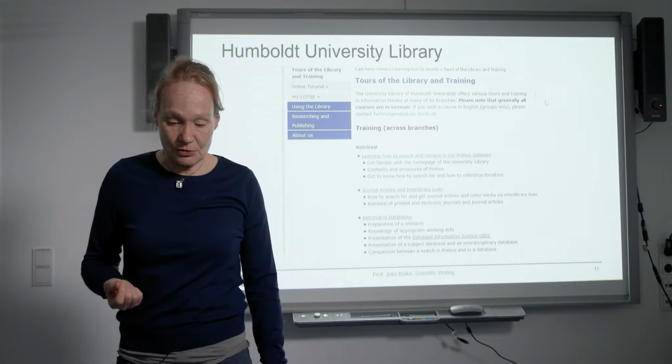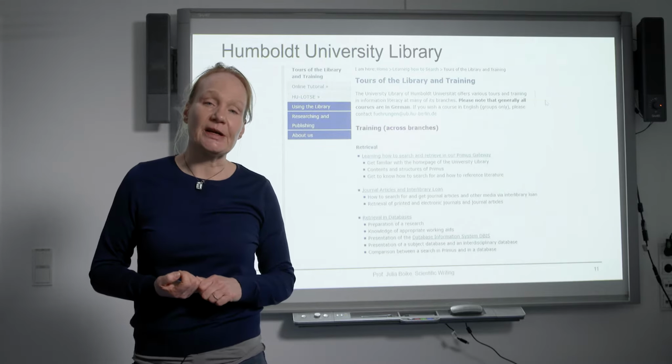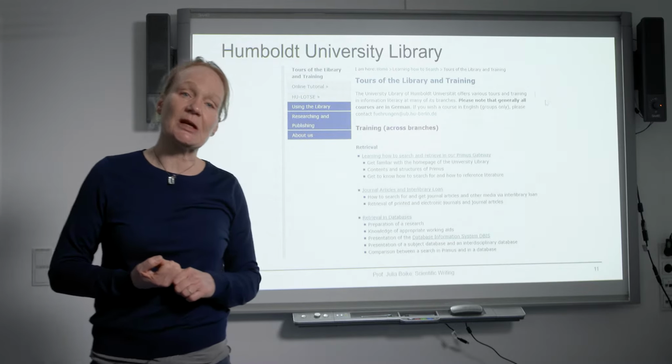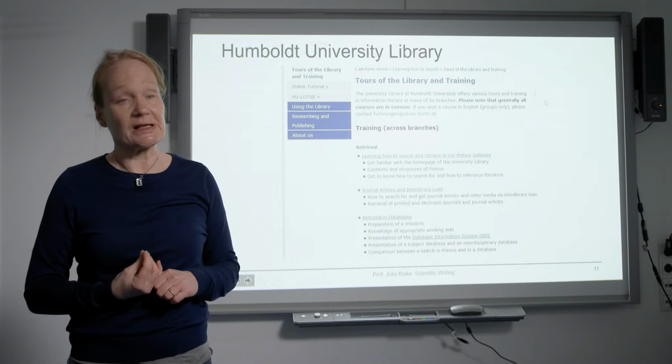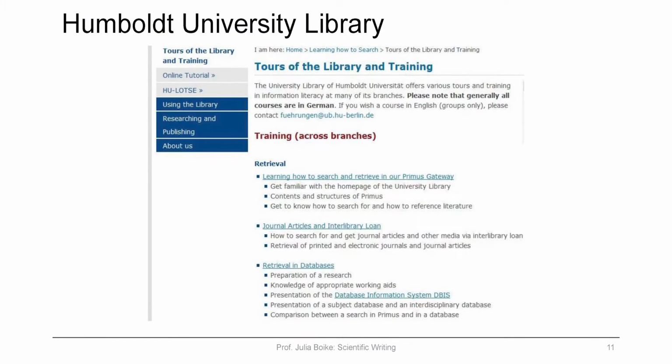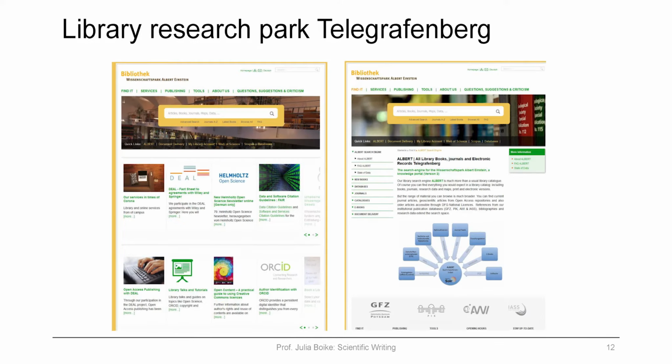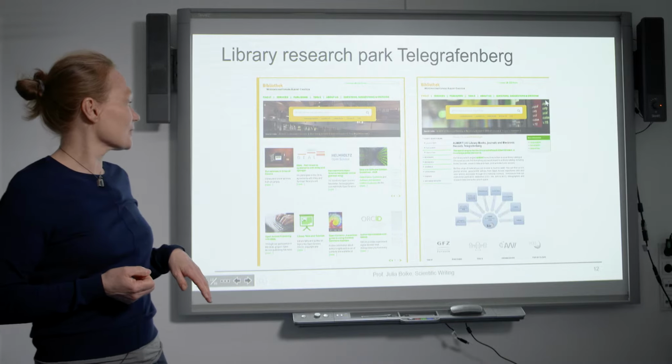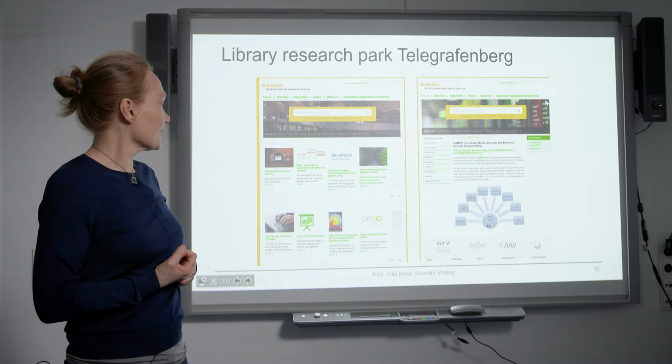Some great tools are provided by the universities. In the meantime, these tools are provided online. This is the Humboldt University Library, and also at the Telegrafenberg, the research park here where I work, we have a library that is serving all the institutes. And they also provide services, of course, for others from outside.